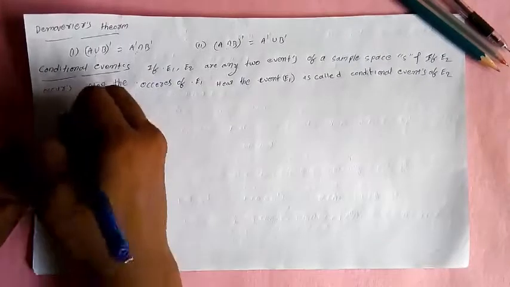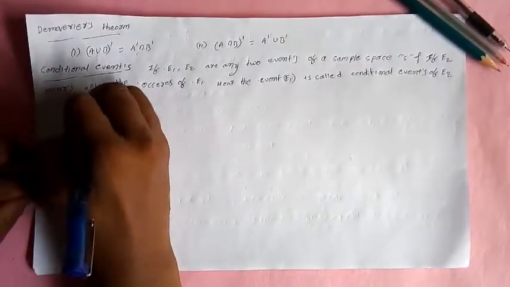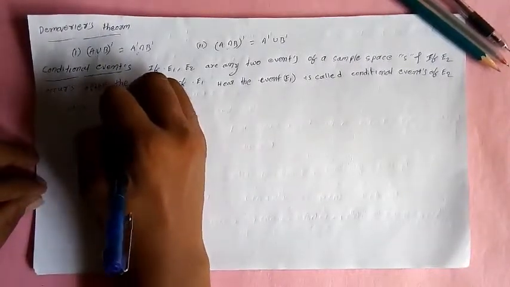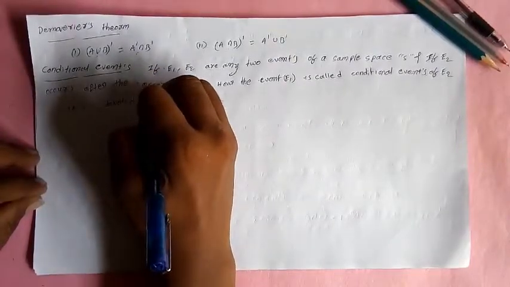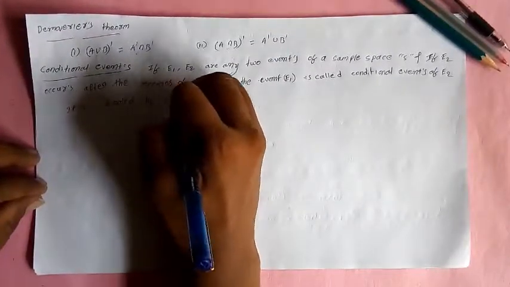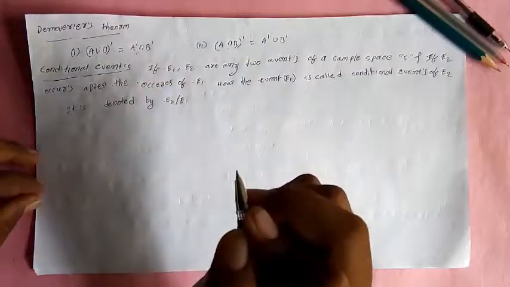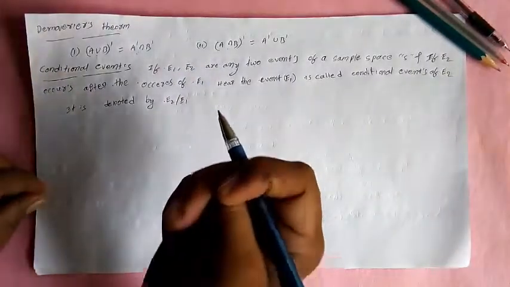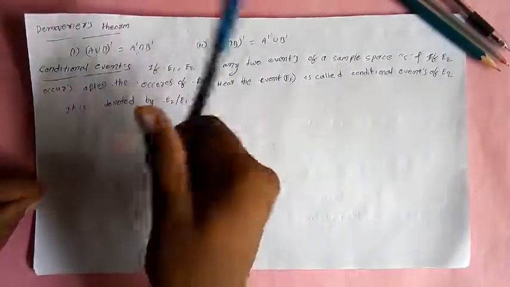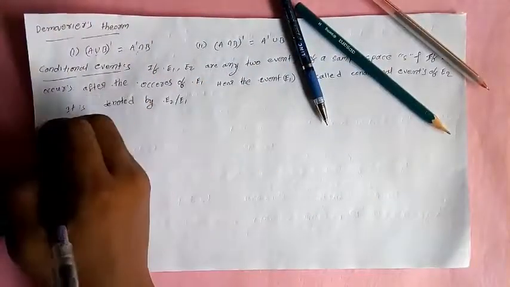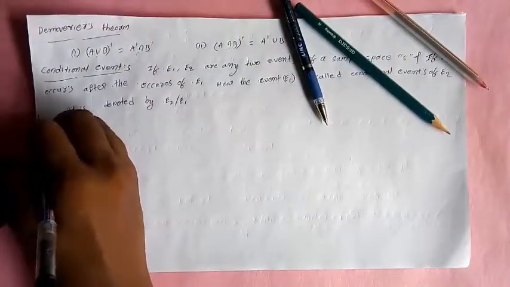It is denoted by E2 by E1. Next, conditional probability. Next, the definition is conditional probability.